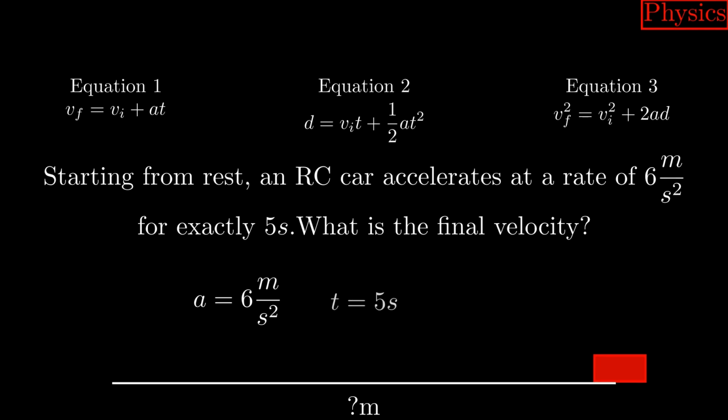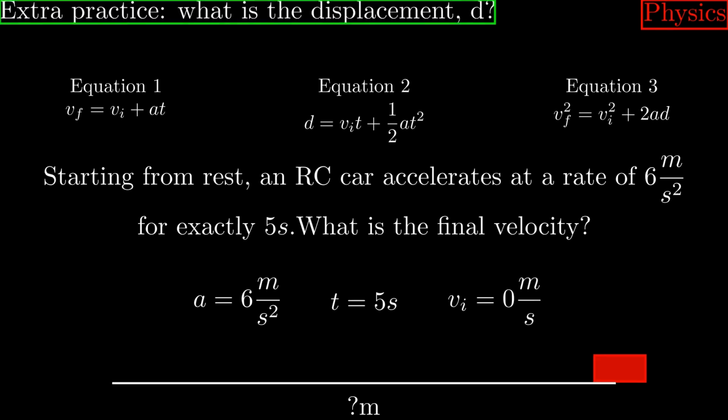So the initial velocity is going to be 0 meters per second. The question also directly tells us the acceleration and the time taken. So right now we have 3 values, and this is actually everything we need to know to find the final velocity. So now we just need to figure out which equation to use.